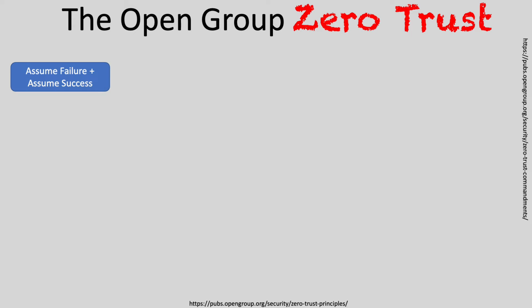To start off, when we're looking at The Open Group's zero trust approach, the thinking is that you're going to assume there's going to be failure at some point, but at the same time we're going to assume that there's always going to be success, that there's stuff that's going to be working as well.